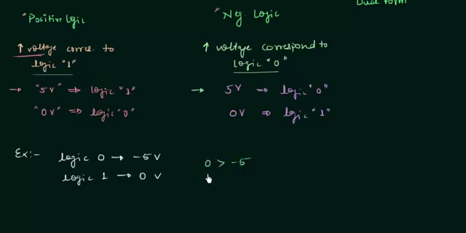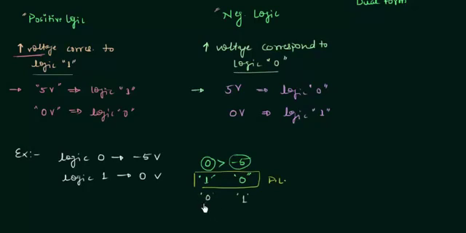And if we are dealing with the positive logic, then this 0 must be represented as logic 1, because this is the higher value. Minus 5 is lower and it will be represented as 0 in case of positive logic. So this is for positive logic. And when we have negative logic, then this 0 is represented by 0 and this minus 5 is represented by 1.